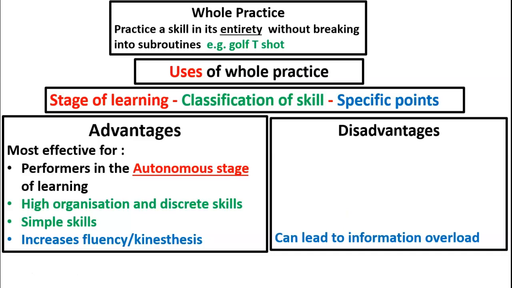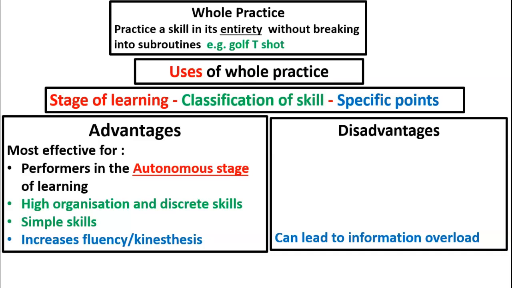So it can lead to information overload, which is where too much information is coming in, we can't pay attention to it all, and it can lead to us not learning. So when you're doing a skill in its entirety and it's not being broken down, it can, on the downside, lead to information overload.